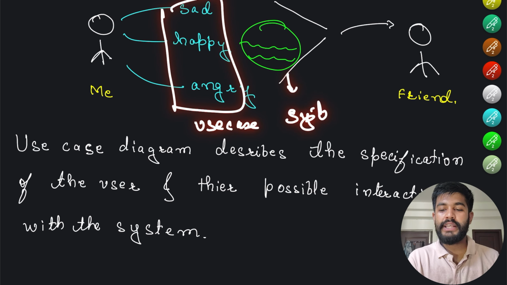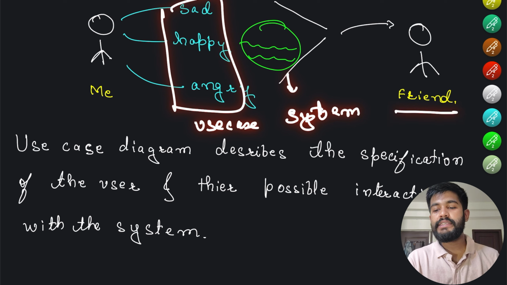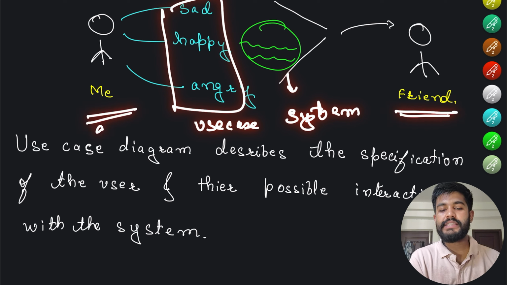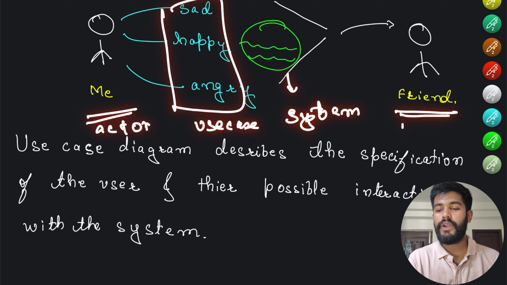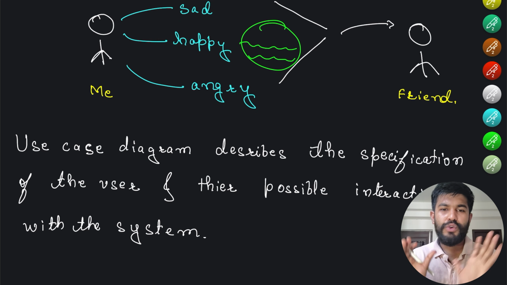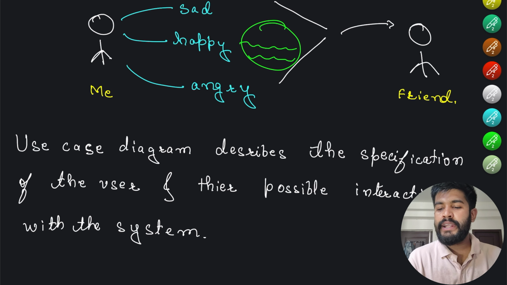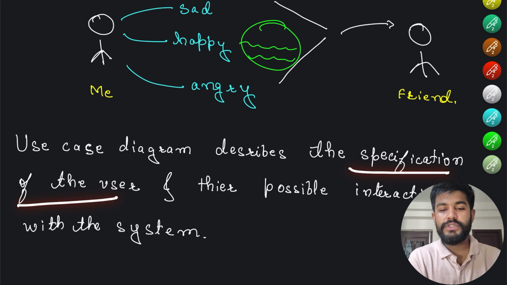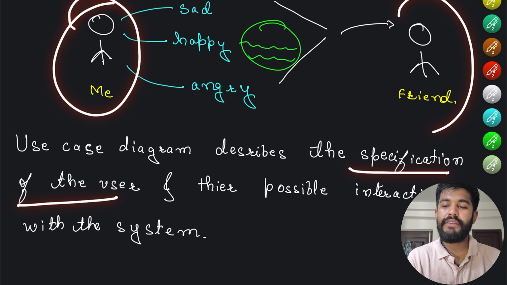So this is known as system, and these two are known as actors, okay. So this is basically, you can take it as an example of use case diagram, okay. It describes the specification of the user, like this is me and this is my friend.